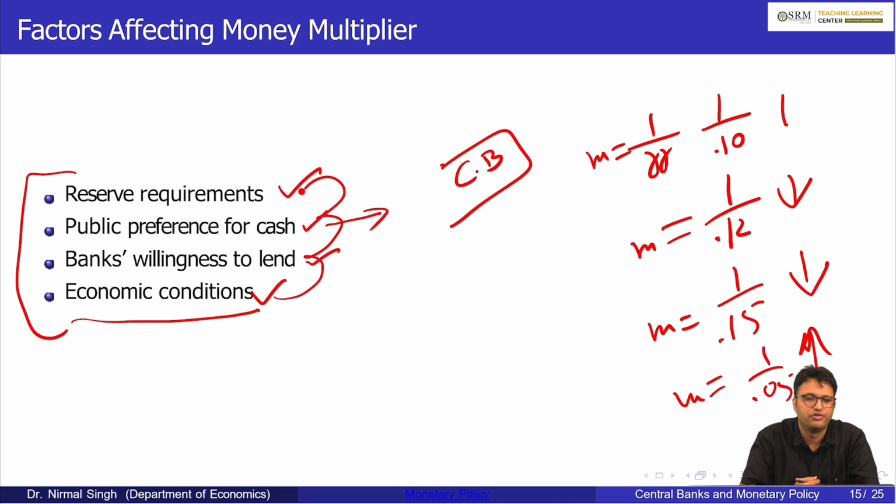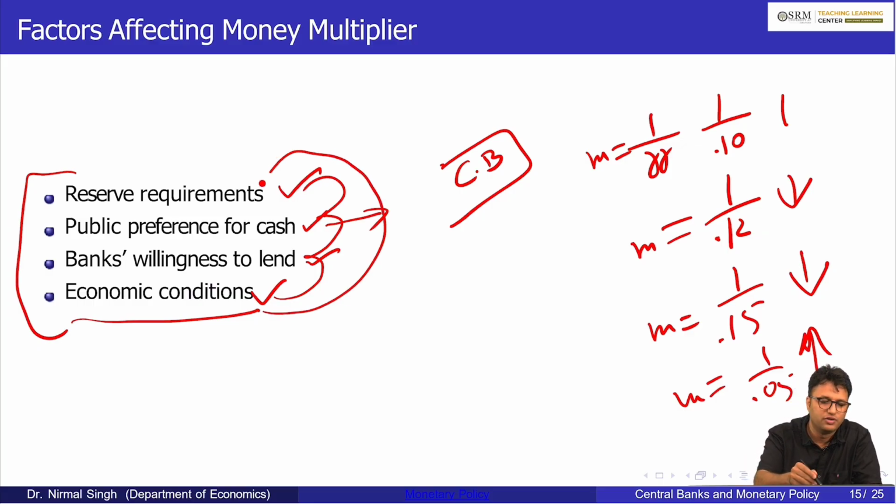If economic conditions are good, then the economy needs more liquidity. If more liquidity is required, the central bank will reduce these reserve requirements and try to inject more liquidity. Although there are other ways through which central banks can increase liquidity, this is a process through which, via the reserves, they can do that.